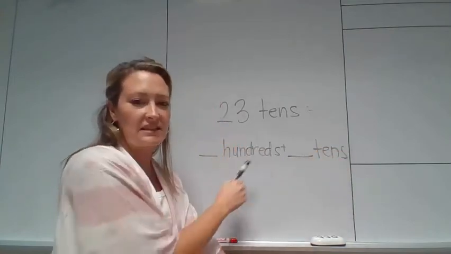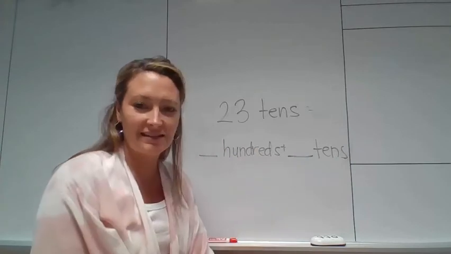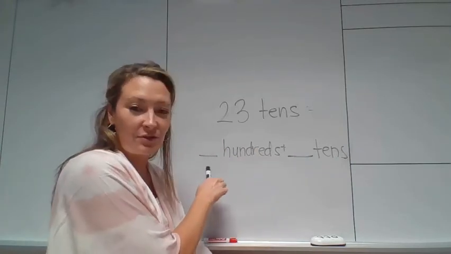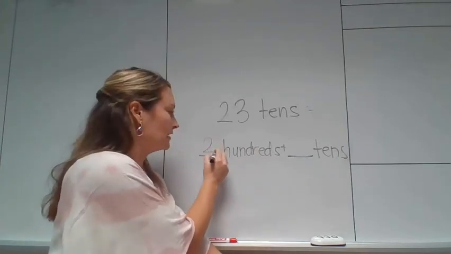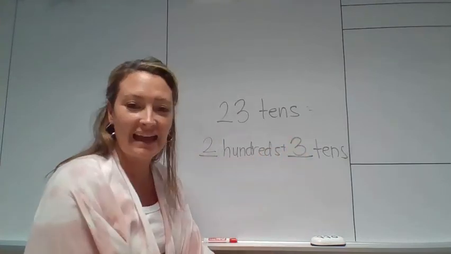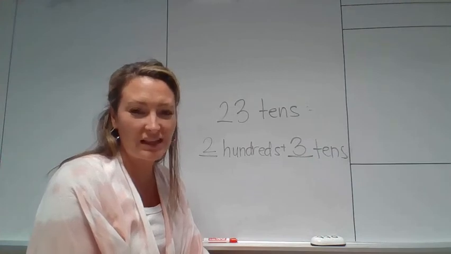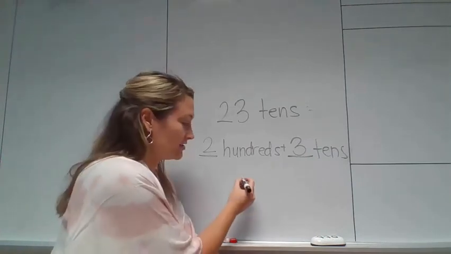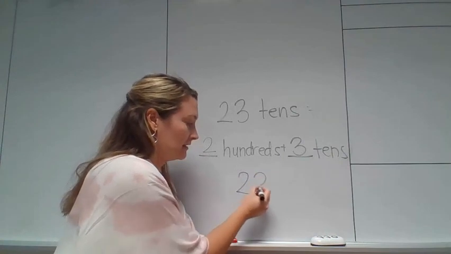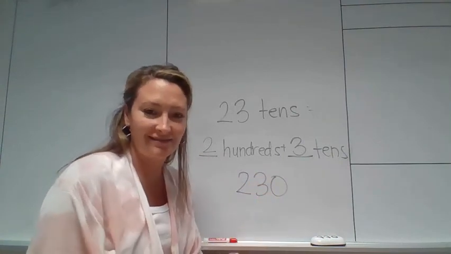So 23 tens is equal to how many hundreds and how many tens? All right, now that you know it's equal to 2 hundreds and 3 tens, how could I also write this number in standard form? So just how many ones are there? I could say that there are 230 ones. Good job.